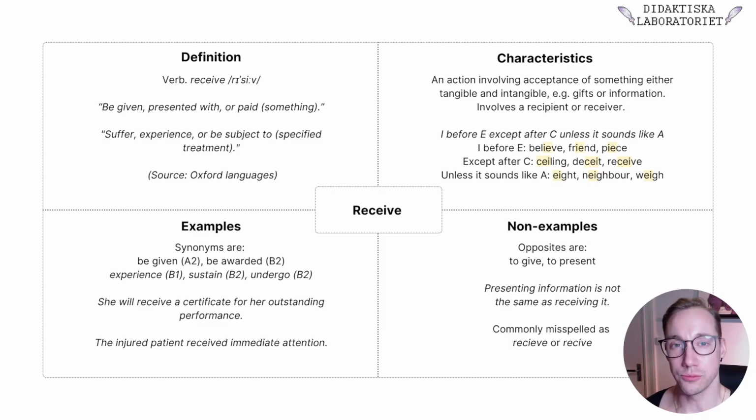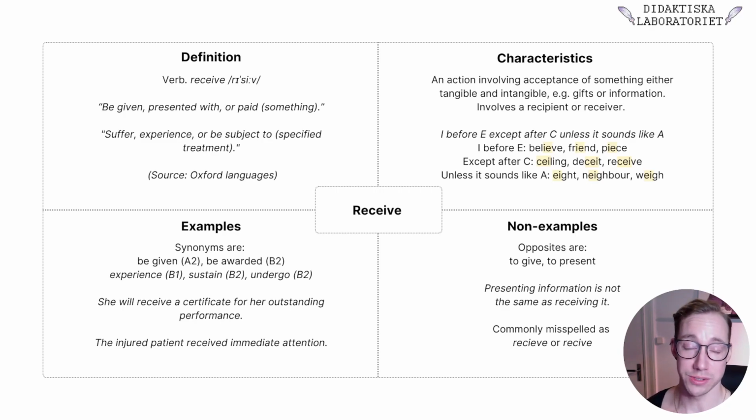And when I wrote this Frayer model, one of the things that I thought about as an English teacher is the spelling of the word. Sometimes it's a bit tricky to spell receive, and one of the more common ways that people try to memorize how to spell the word is to use this phrase that says I before E, except after C, unless it sounds like A. And this can be slightly tricky, so I gave a few examples here to help you understand how this works.